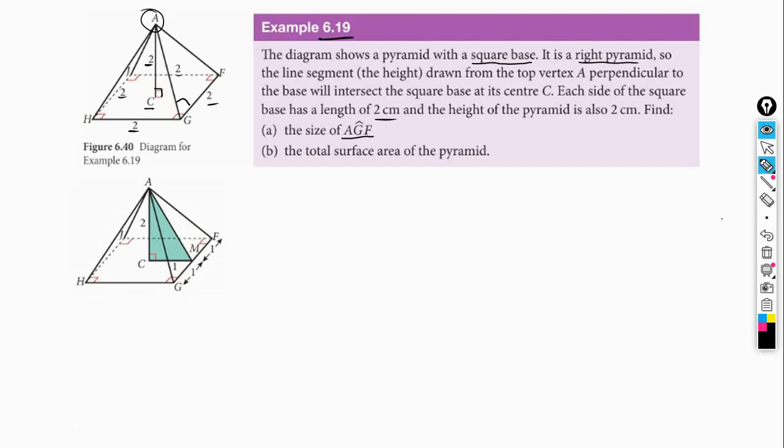So we can label the midpoint of GF as point M right here and draw 2 line segments, CM, which is this over here, and AM, which is from the vertex to the midpoint M. Since C is the center of the square base, then CM is equal to 1 centimeter, which is right here.